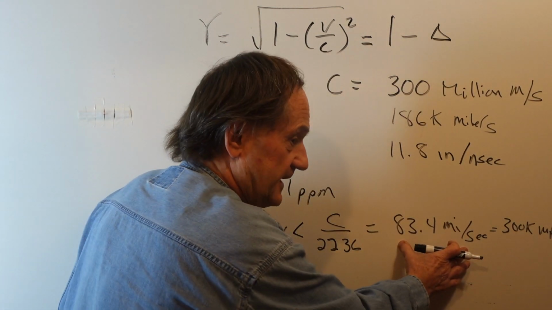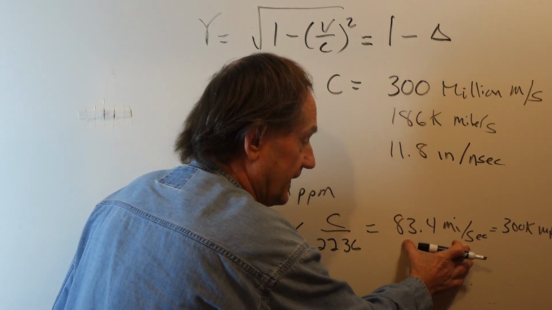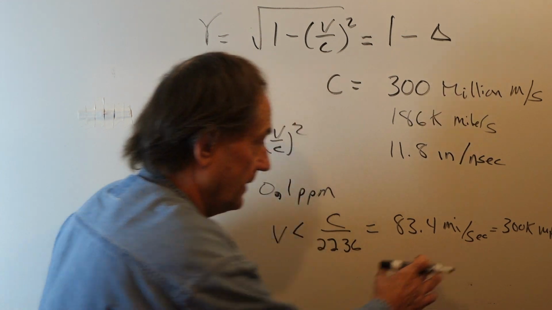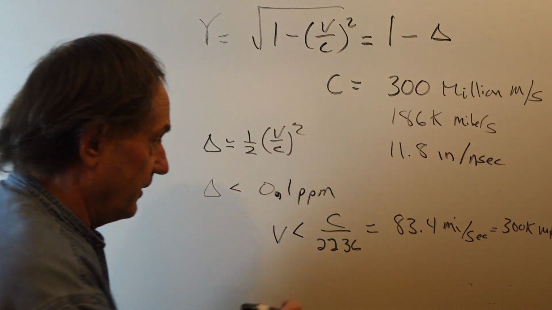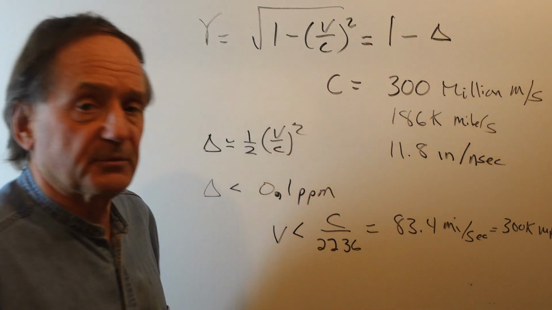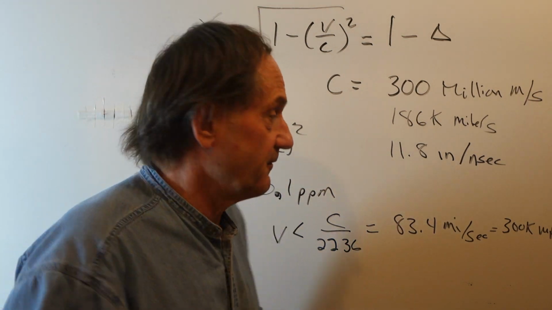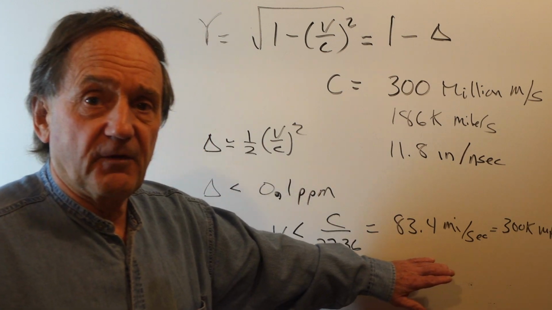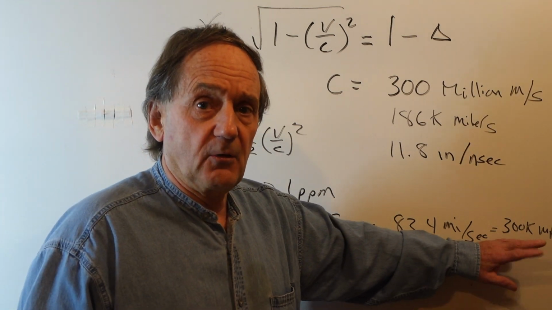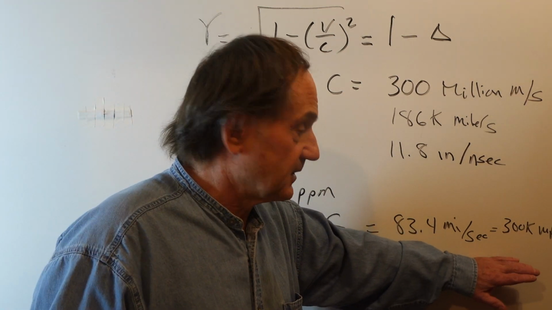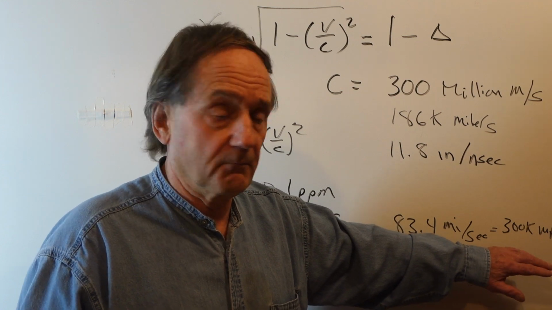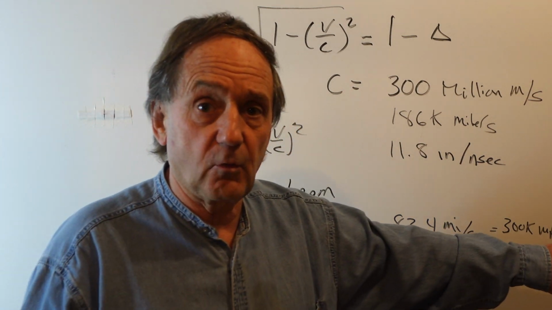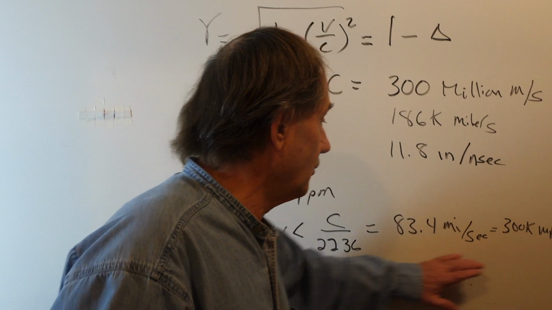Well, we don't have any technology that can get us this fast right now here on Earth. 83 miles per second. That's extremely fast. We can achieve these types of velocities when we get down to subatomic particles, particle acceleration down in the quantum mechanical world.